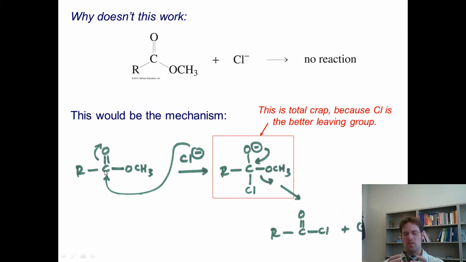Hence, this reinforces the principle I taught a few slides ago. These kinds of reactions only occur when the nucleophile is not as good of a leaving group as the leaving group. If your leaving group here is actually a poorer leaving group than the nucleophile, then this reaction will not occur.